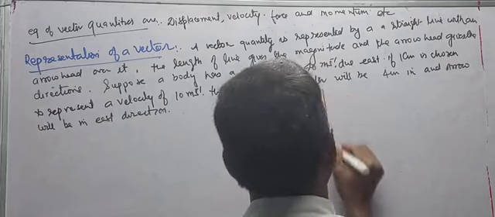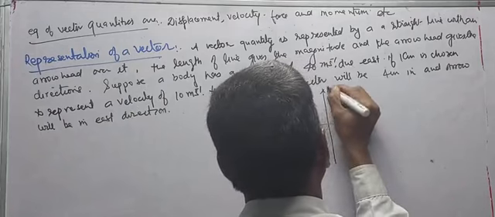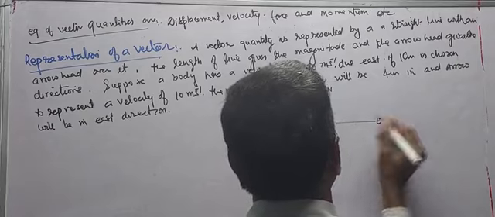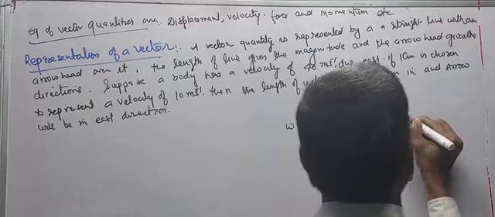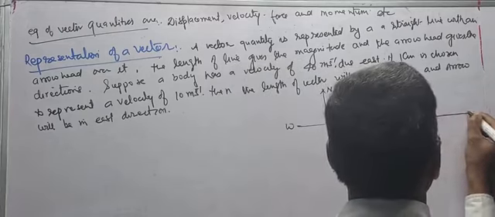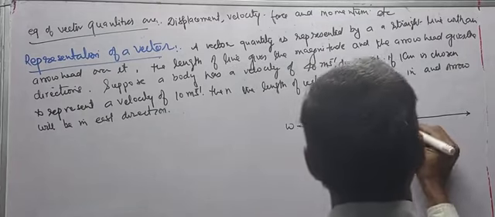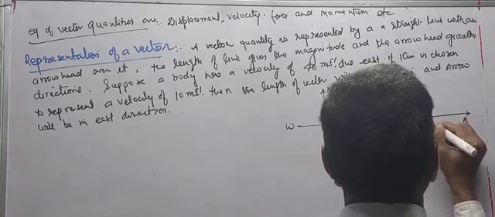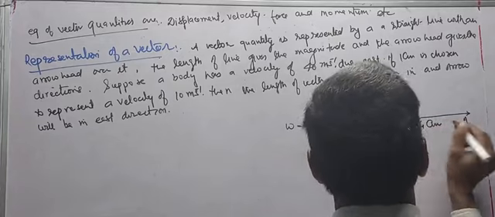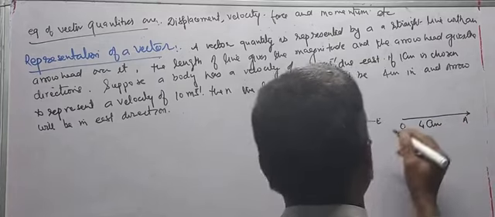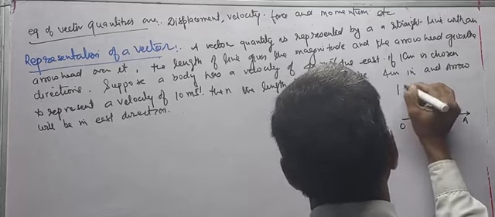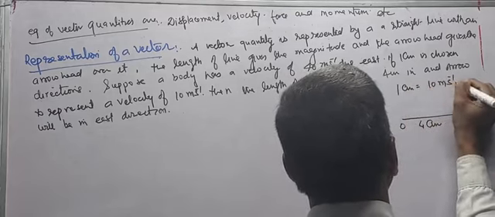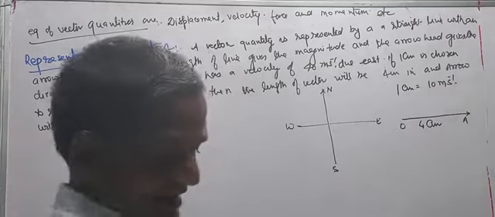Suppose this is the arrow, with north, south, east and west. Then the vector OA has length 4 centimeter towards east. Here the scale is 1 centimeter equal to 10 meter per second.